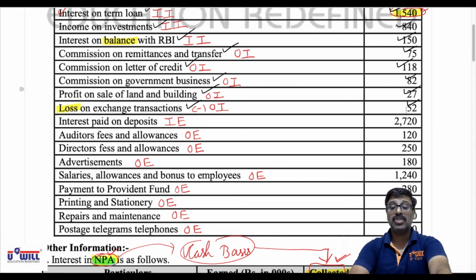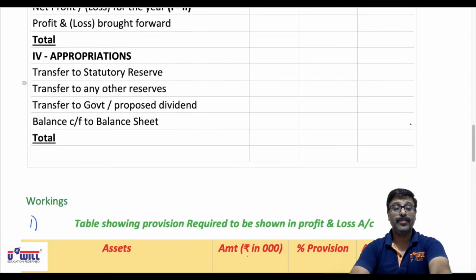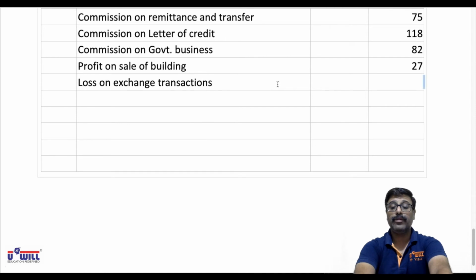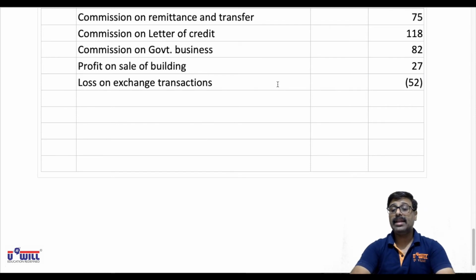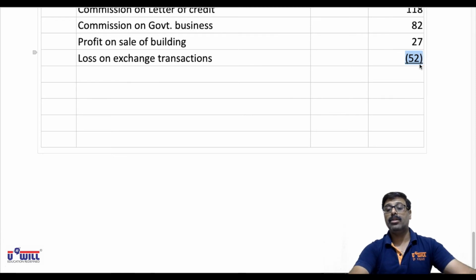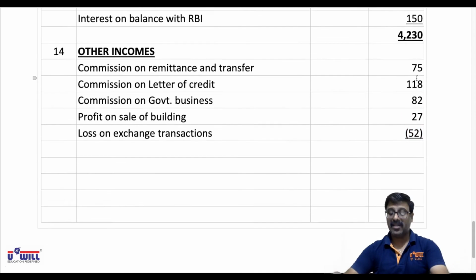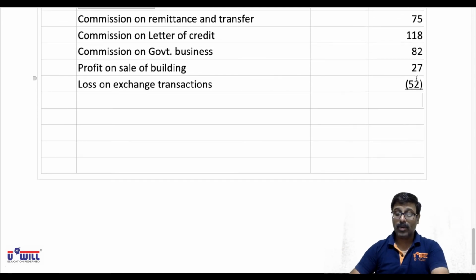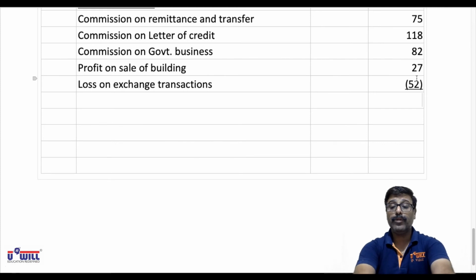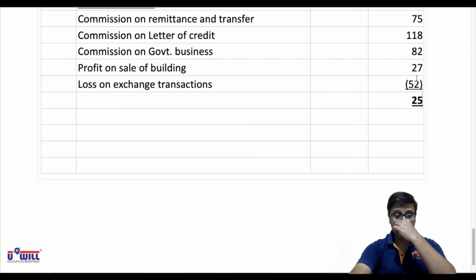All of you write down loss on exchange transactions, negative amount of 52 in bracket. So all the other incomes items are taken into consideration. Now we will do the total of it. All of you do it in calculator: 75 plus 118 plus 82 plus 27 minus 52. Keep the minus 52 in mind. So 250 would be the total of other incomes.